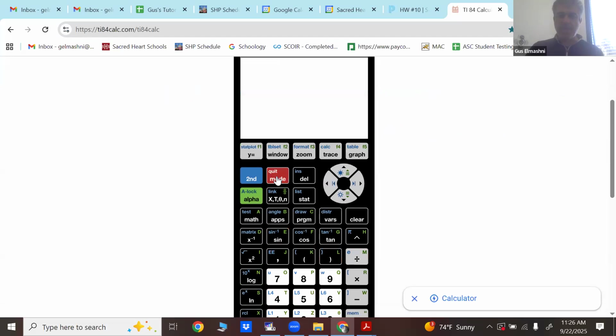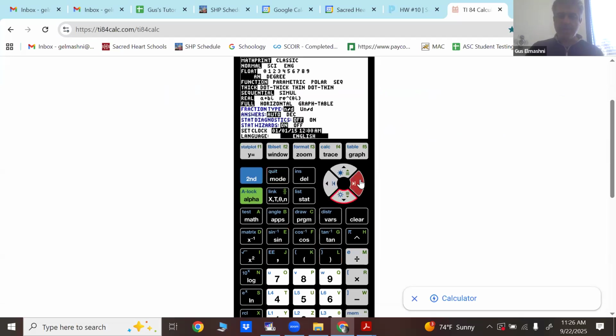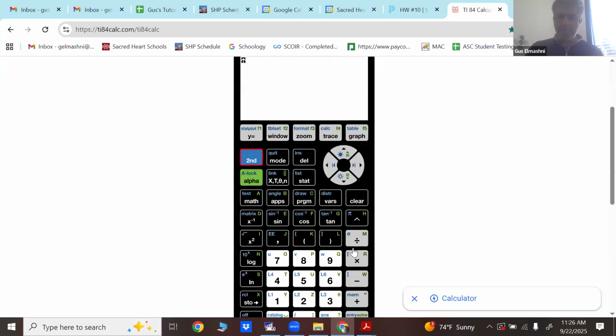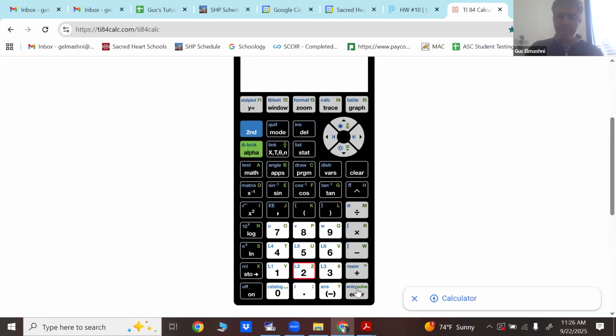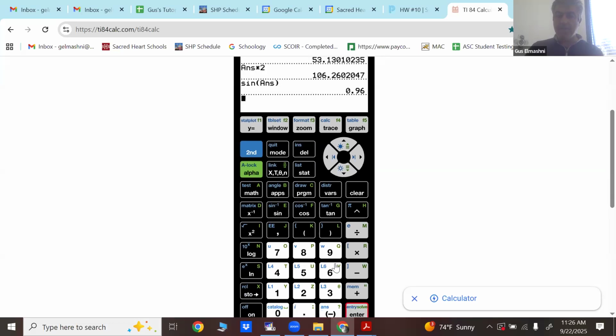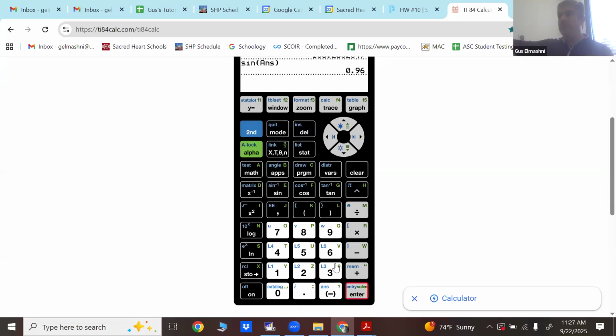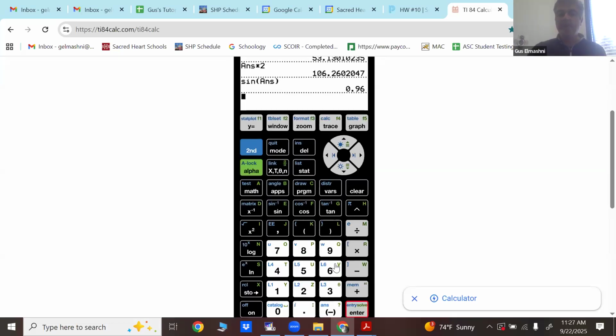Okay, let's switch that back to degrees so it's easier for me to follow. Let's try it again. Okay, if I double it up, and I took the sine of that angle, I get 0.96. 24/25 is 0.96. So I know it works.